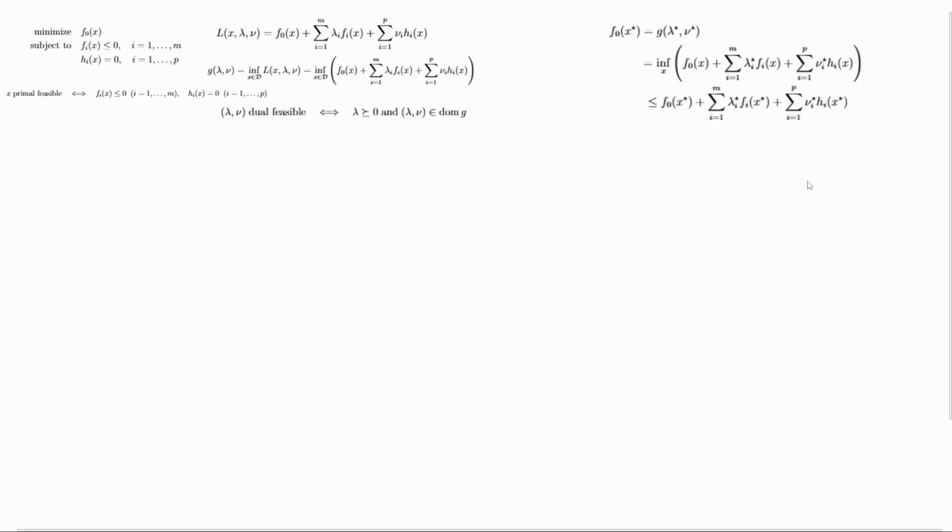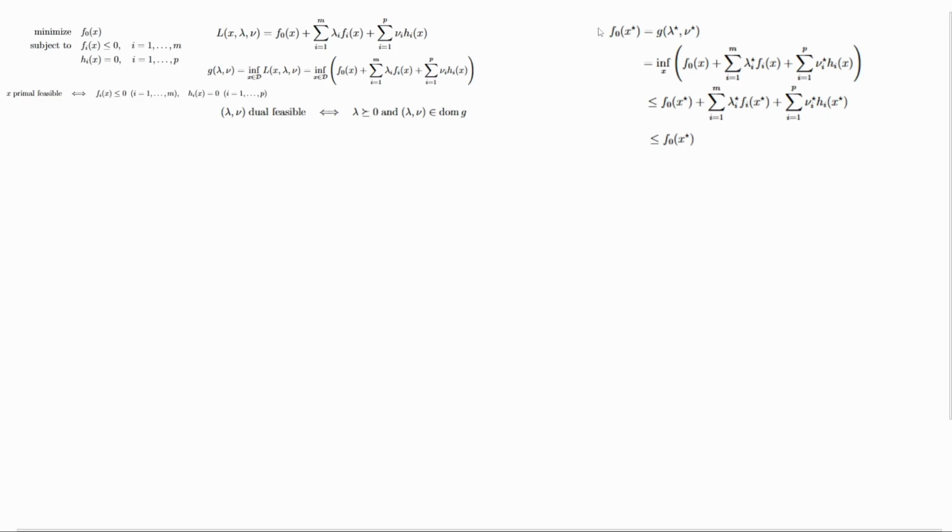And then what we've done is simply take the infimum out, and we know that this point here is less than or equal to this expression here, plugging in the x star. Now look at this carefully. Since we know these terms here are both negative, we can drop them out and say this is less than or equal to f_0 of x star, right?